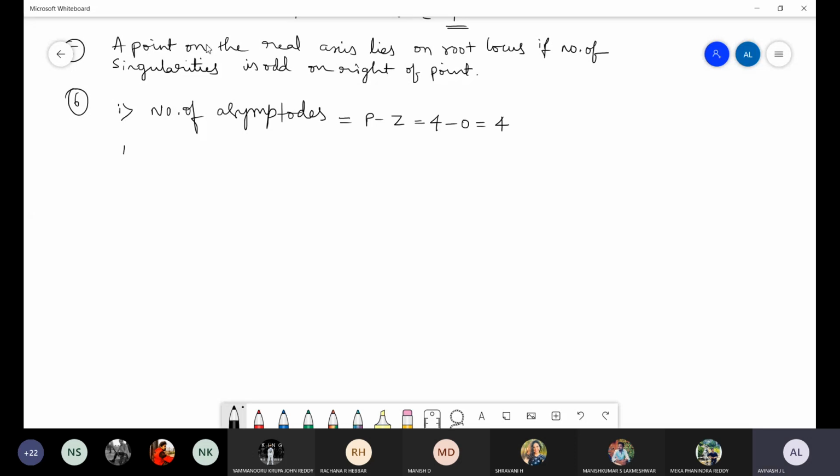The second one is the centroid of the asymptotes.